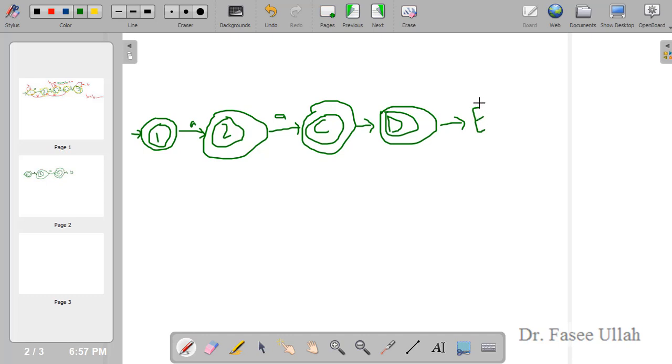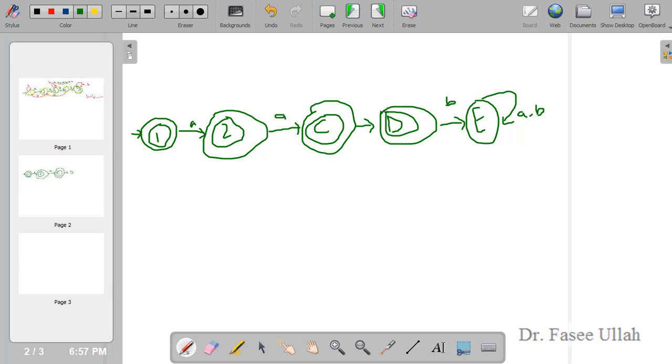So this is the initial. Okay, this is A, comma, B, fine.